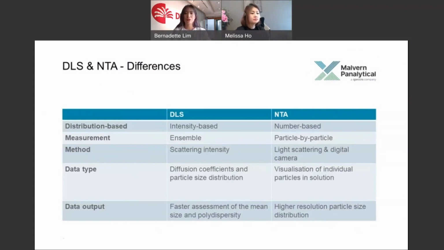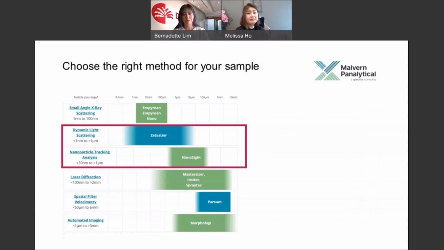DLS talks about the diffusion coefficient for your particle size distribution, whereas NTA makes use of the visualization of individual particles in the solution to give the data that you are looking for. Exactly. So you want to actually understand more about the different techniques so that you can apply them according to the type of sample or really the type of information that you're looking for.